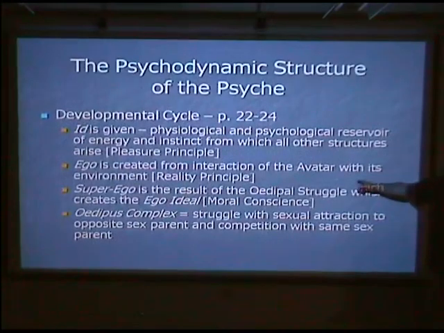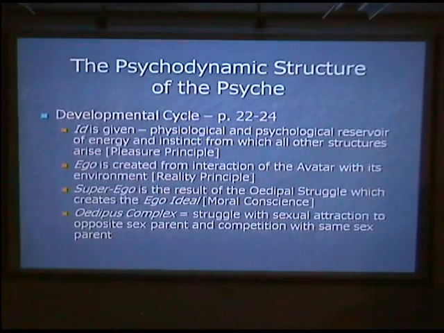The ego is created from the interaction of the avatar, to use our term, the interaction of the body with its environment. So it develops as the child grows, because it is now engaging in relationships with other people and elements and objects in the environment, and that's what creates the ego.